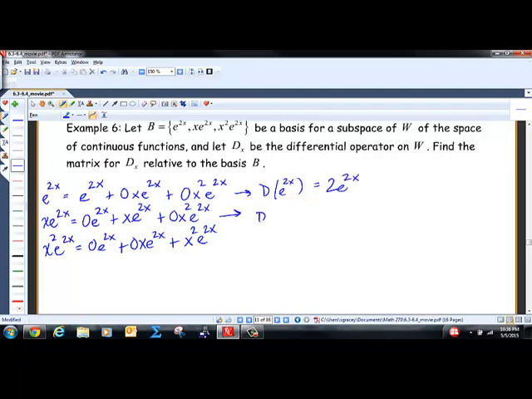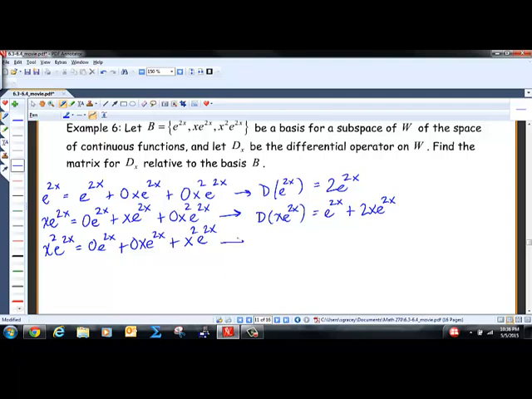So we're doing our transformation of our x e to the 2x. The first and third term 0 out, and the derivative, remember there's a product rule, so I'll differentiate x first, and we get 1 e to the 2x plus 2x e to the 2x when I clean it up.